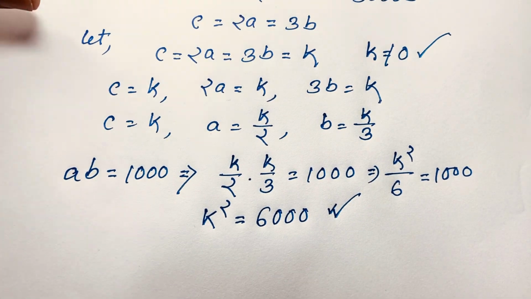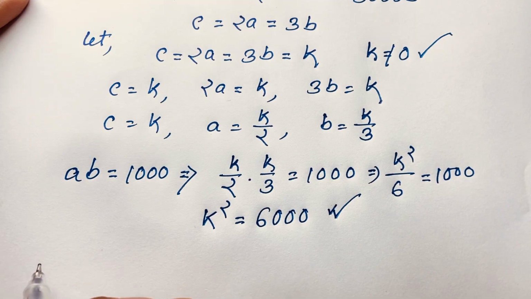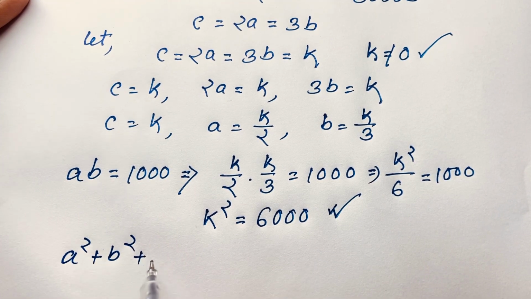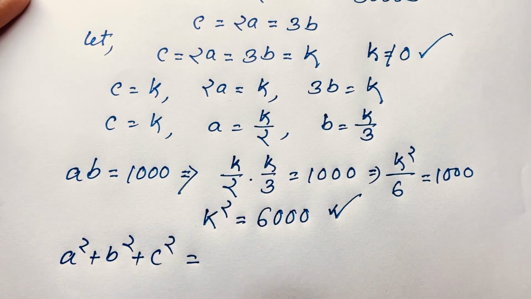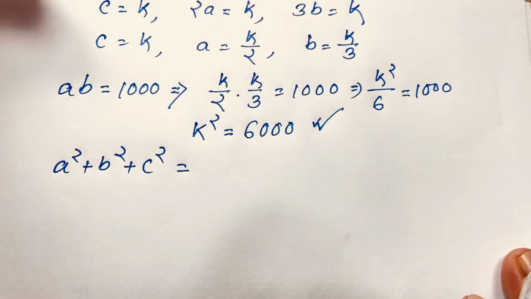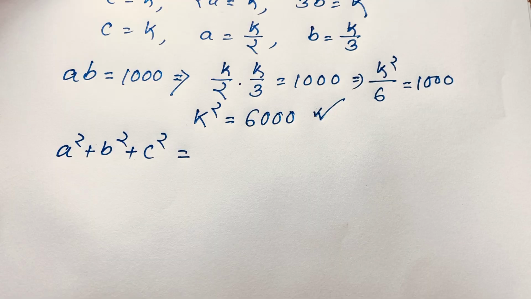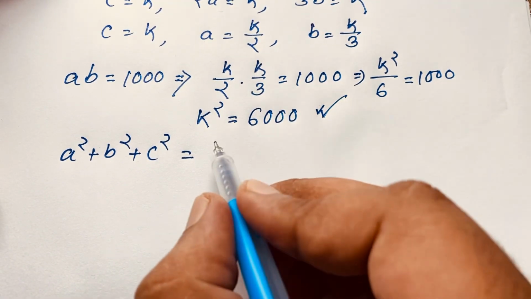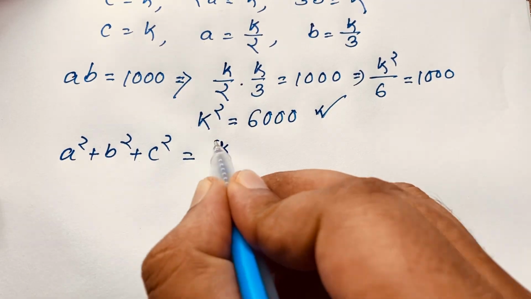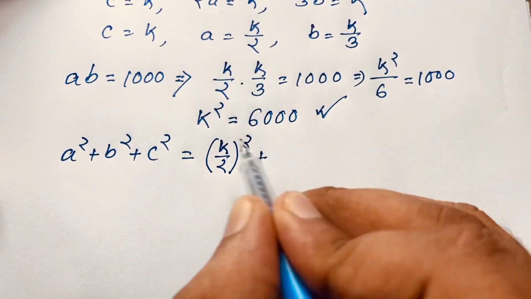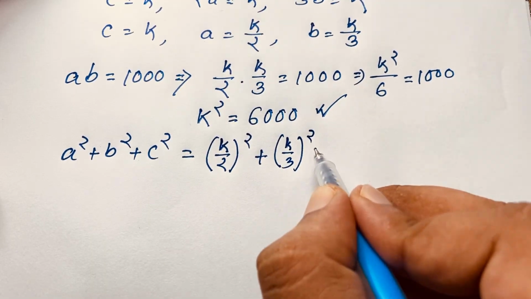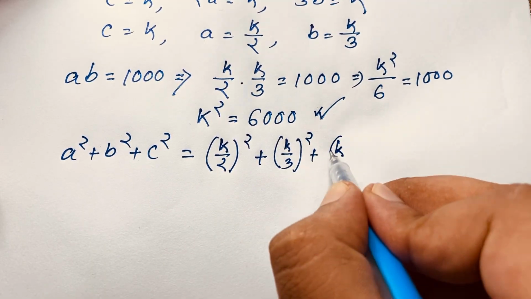But our question, A square plus B square plus C square is equal to what? So this is our question. But at this moment you can say A square will be K over 2 whole to the power 2, and B square, B will be K over 3 bracket power 2, and C square will be K to the power 2.